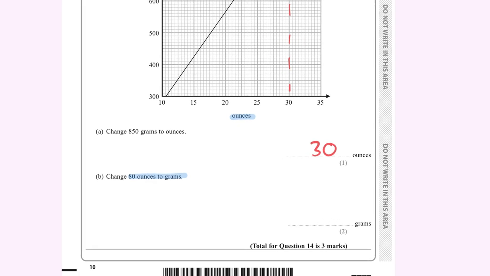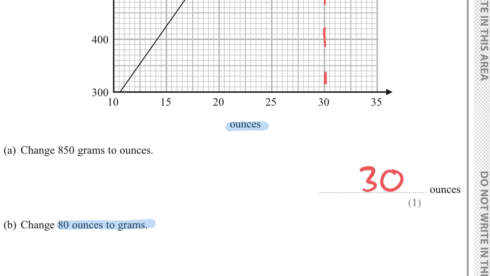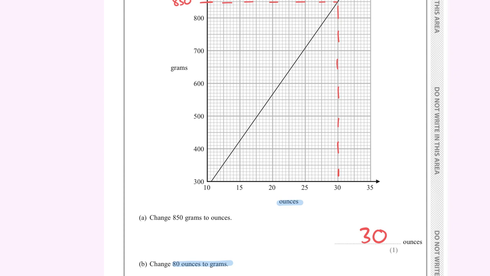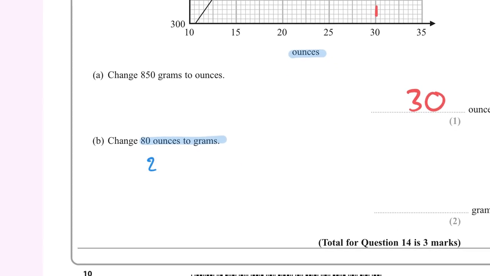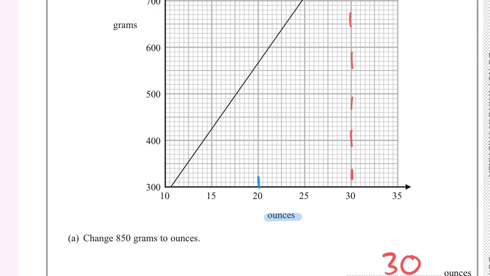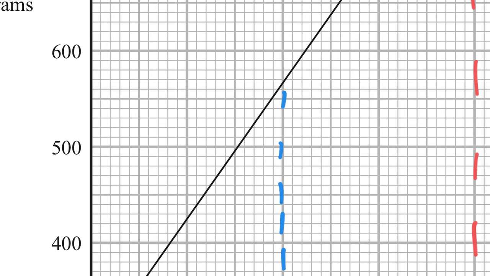So I'm looking at this 20 here, and I'm thinking, well, if we can work out what 20 ounces is, we can just times it by 4 to get the grams. So if we follow up what 20 ounces is, now it's a bit awkward because it seems to be in between two.